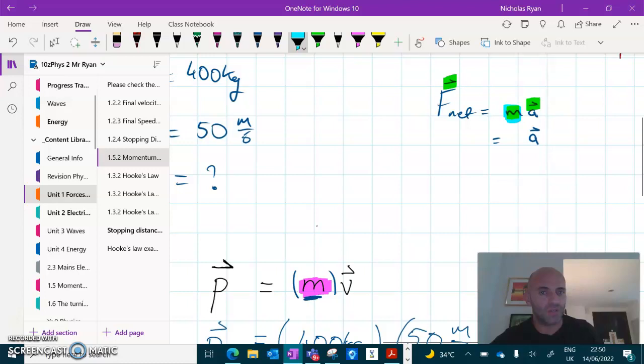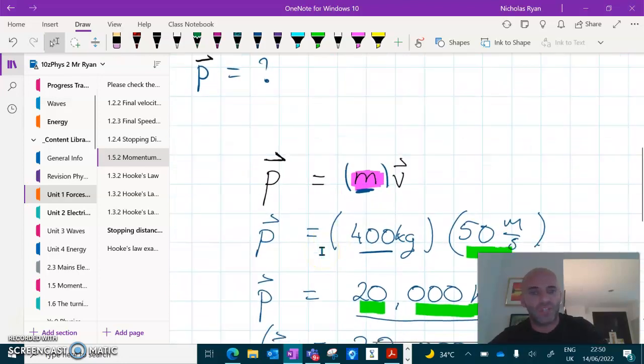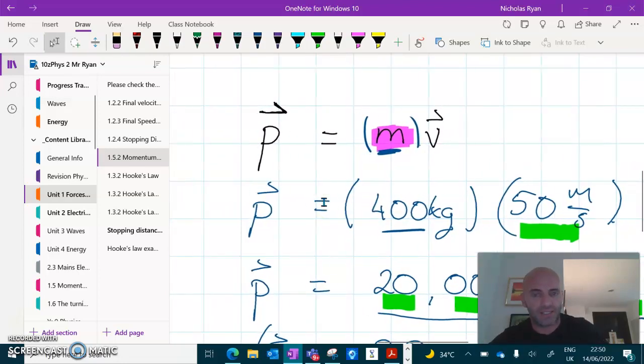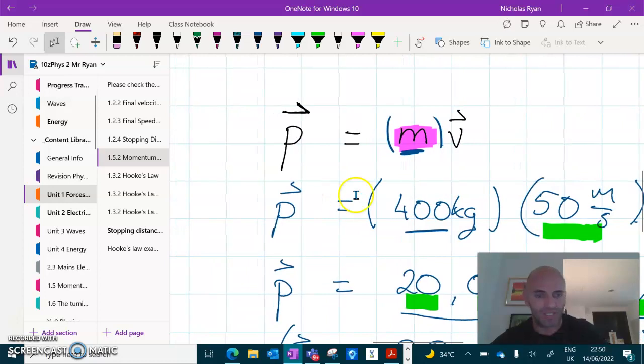So in other words, whichever direction the net force is in, the acceleration also has to be in that same direction. And in this case, very similar. Whichever direction the velocity is in, the momentum has to be in as well.